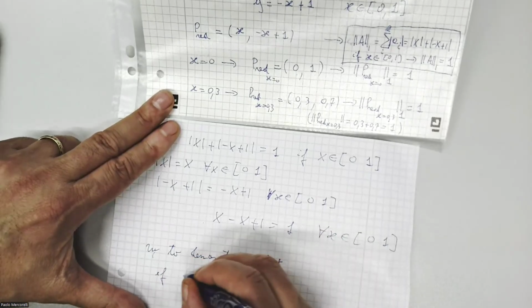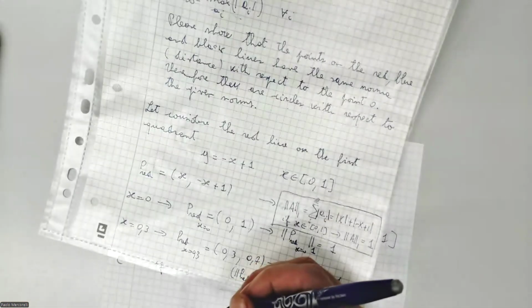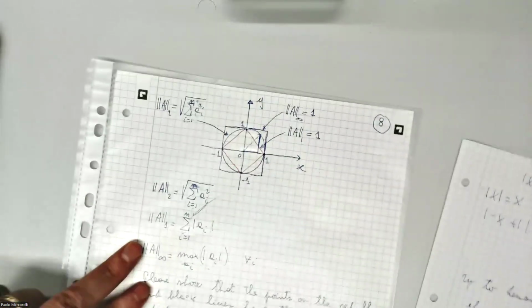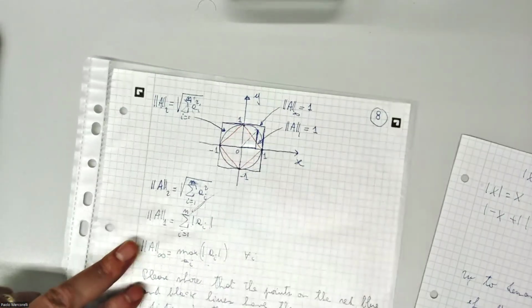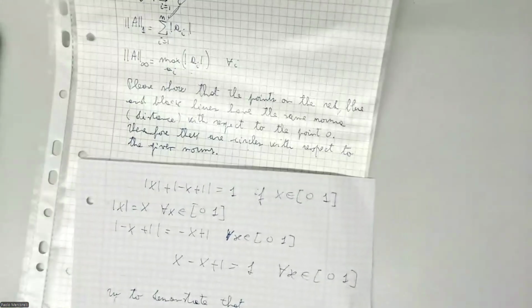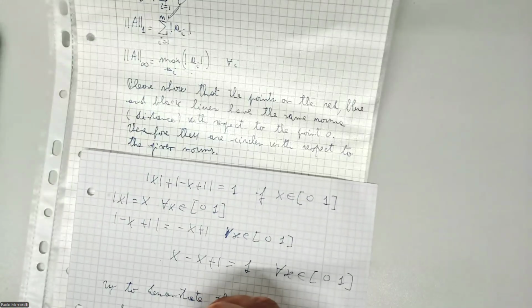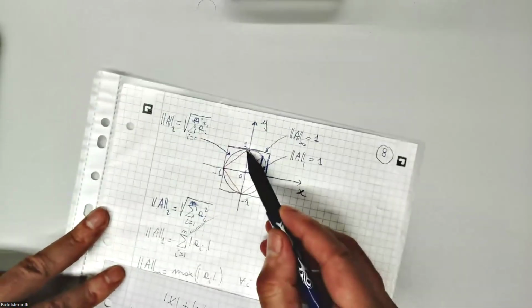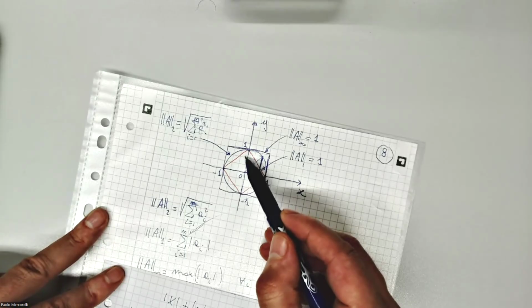if y equals, let me consider now, if y is equal to x plus 1, I don't know if you remember how we can build this line here. We'll come back to this when we do analytical geometry.